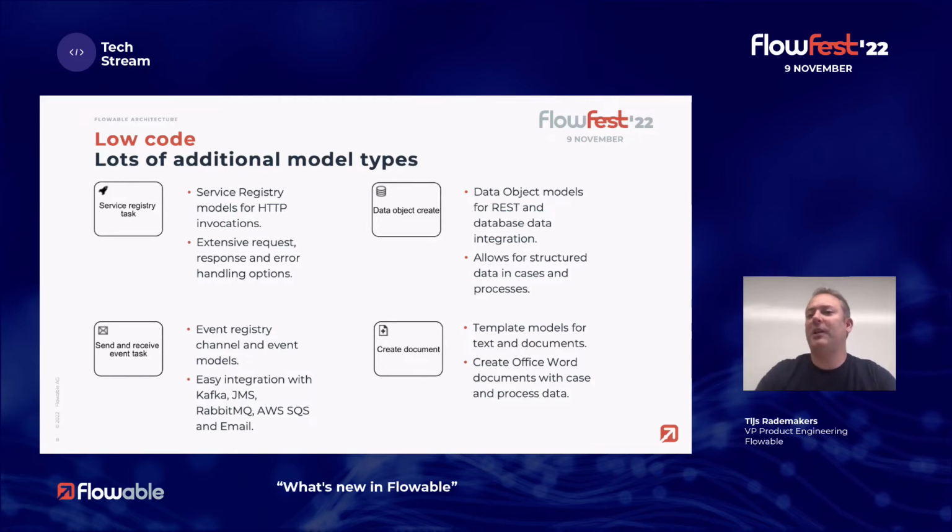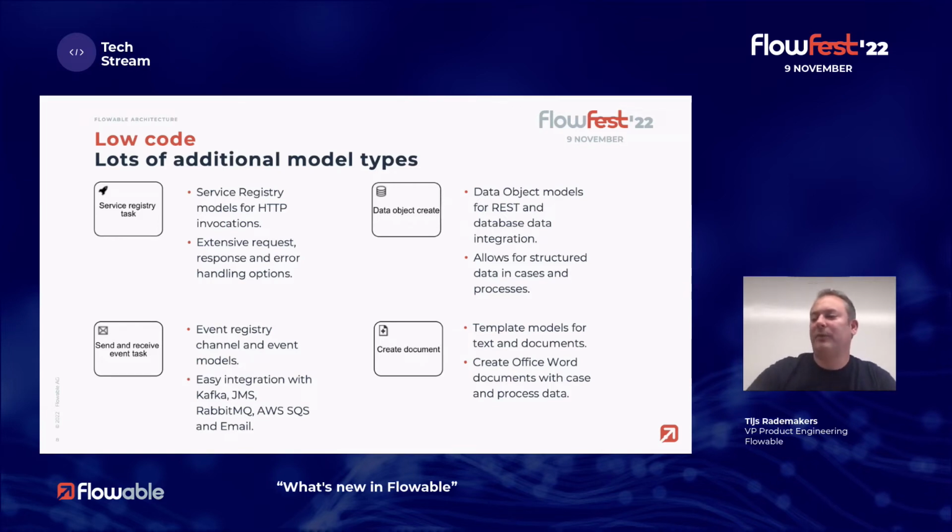But in addition, you can actually also use data objects on top of your external REST services. So let's say you have a lot of REST services already within your organization, and you want to exploit those in your process and case models, and you want to use the data structure for those external services, and provide a structured way to use that data within your process and case models, then data objects can also be used in Flowable.